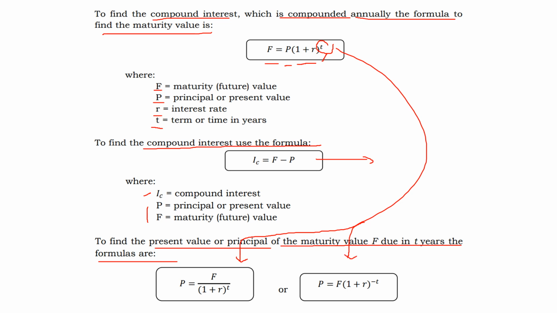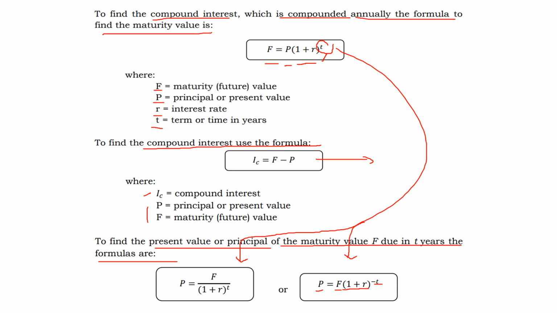If you're asked to find the P, then we divide the future value or maturity value by the resulting value from (1 + R) raised to T, or simply P, in this case, is equal to F (1 + R) raised to negative T.